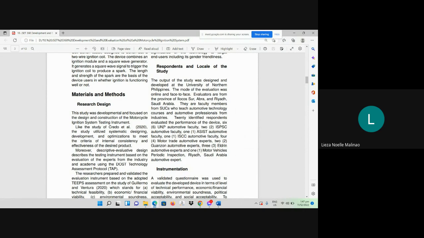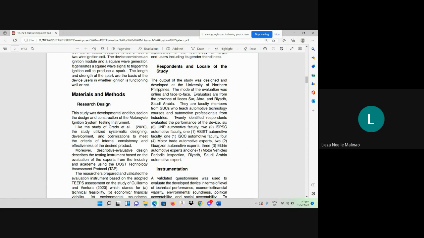Okay. 6 UNP automotive faculty, or teachers of automotive subjects from the University of Northern Philippines, 2 automotive faculty members from another school, another automotive faculty member from another school, another automotive faculty member from still another school, 4 experts from the motor trade industry, 2 automotive experts from China, siguro ning Guangzhou.